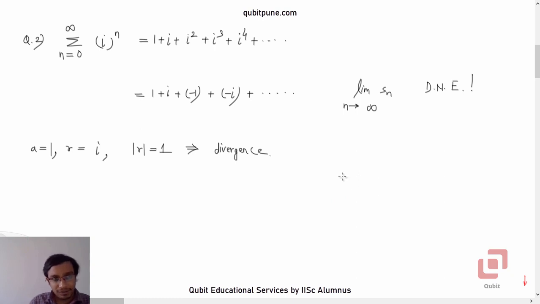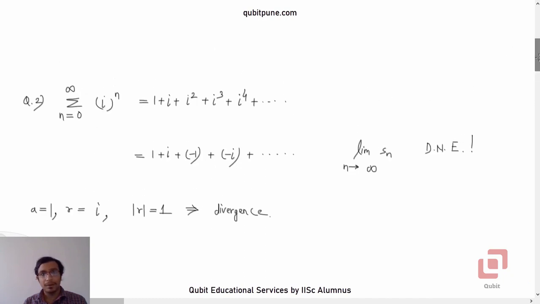So there is only one difference between this one and the first one. The difference is in the common ratio. In example 1, the common ratio was i upon 2, and here in example 2, the common ratio is i.